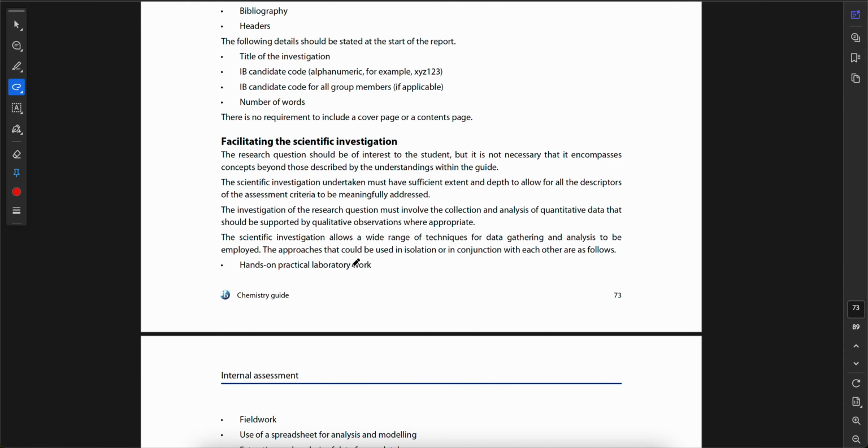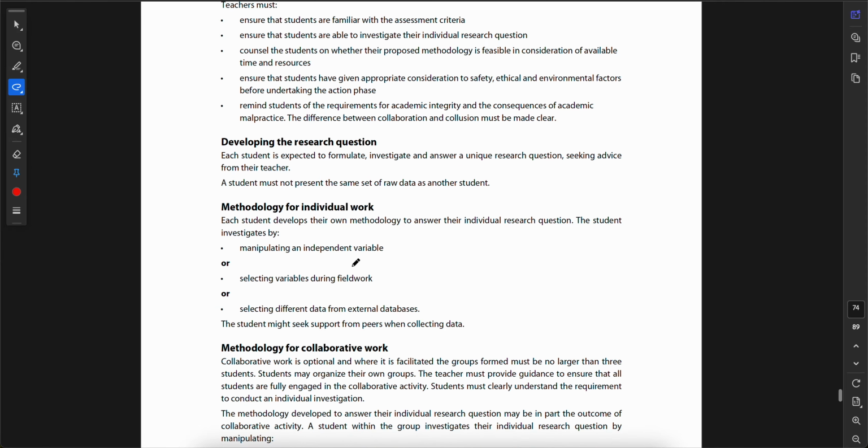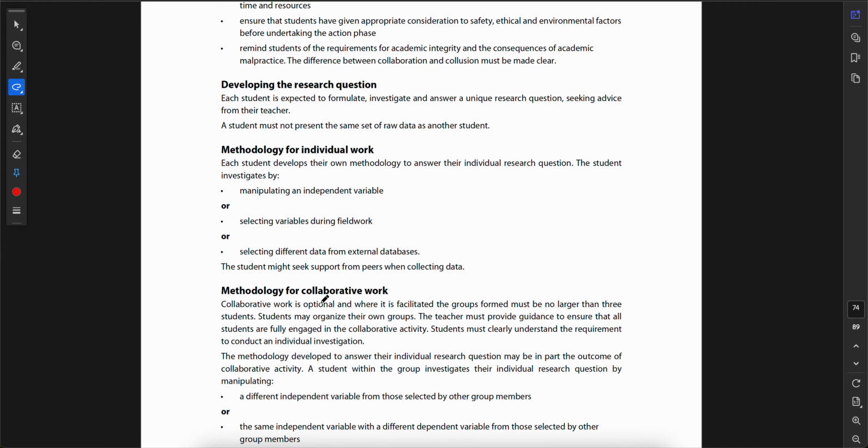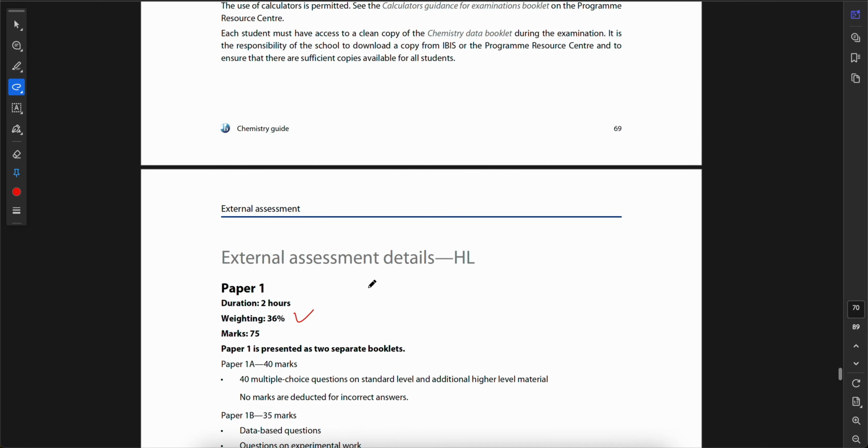I will talk about it in more detail after talking about the external assessment in more detail.